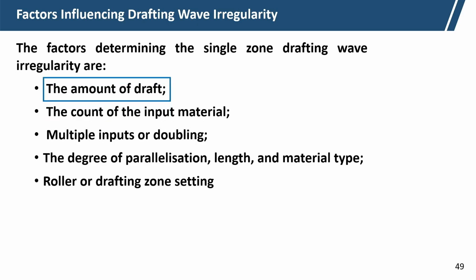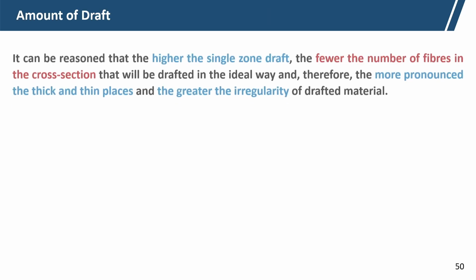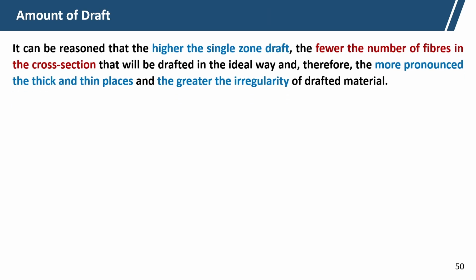Now, amount of draft. Let us discuss how the amount of draft affects the generation of drafting wave. In the case of floating fibers, it can be reasoned that the higher the single zone draft, the fewer the number of fibers in the cross section.